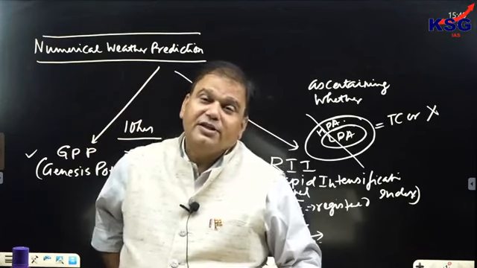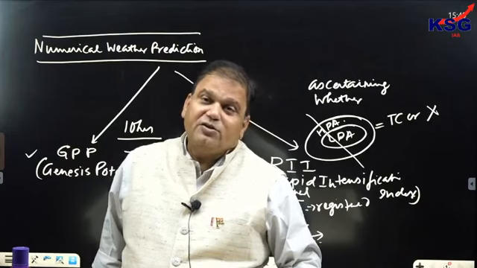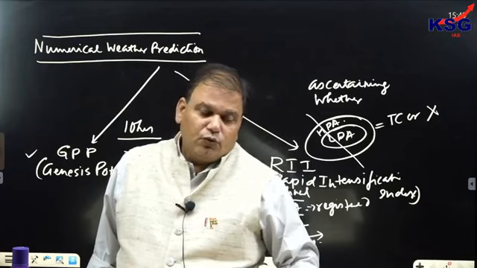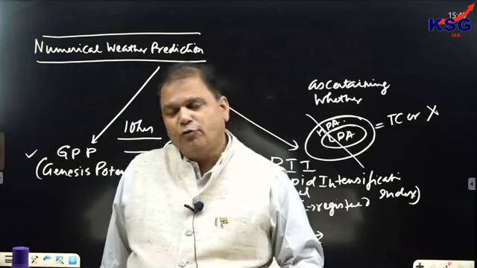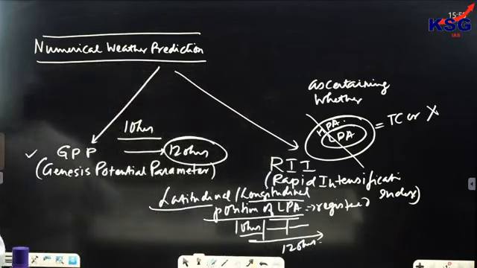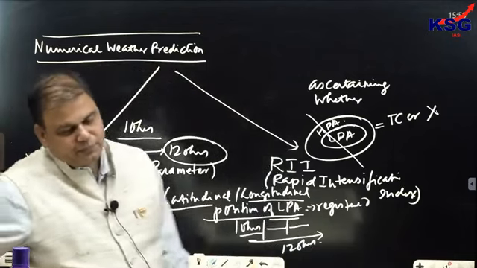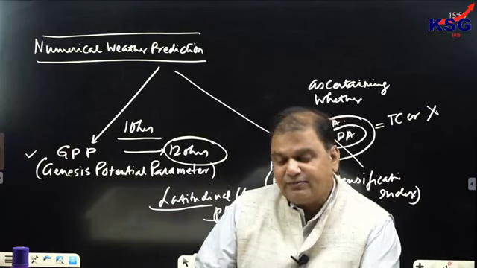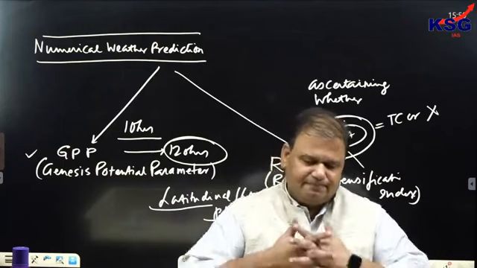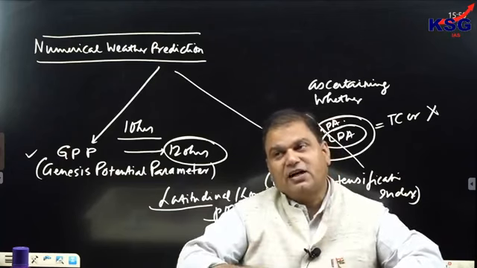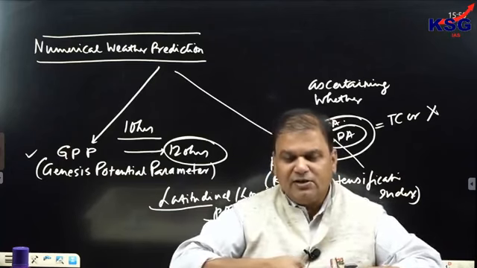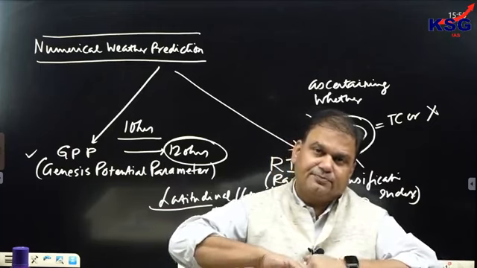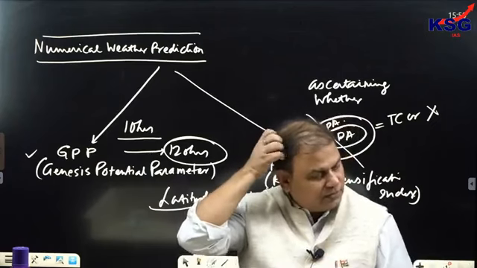And how would it be done? It would be done by registering the speed of wind at 6 hours interval for 36 hours. Is that clear?